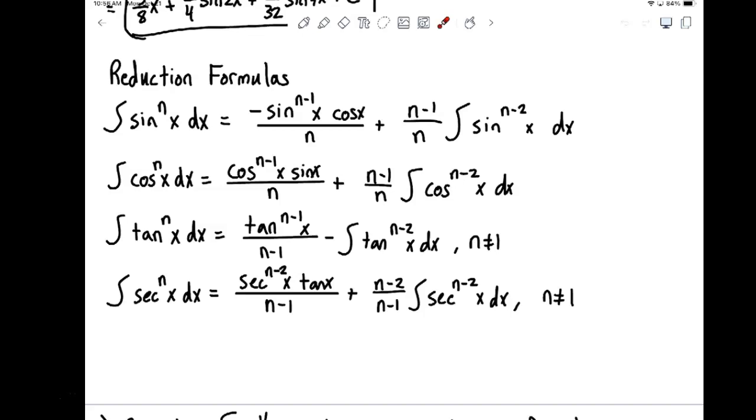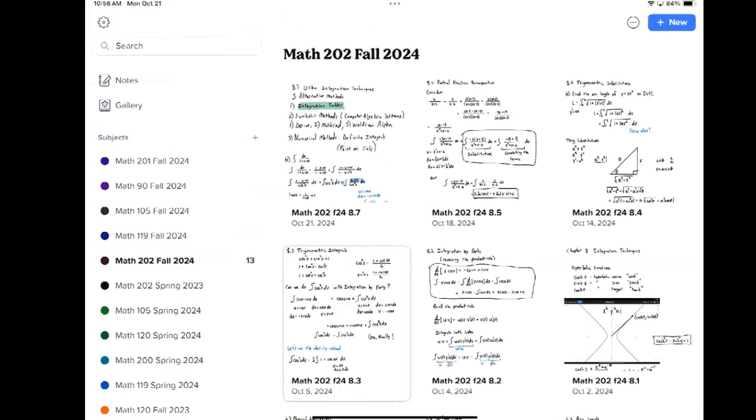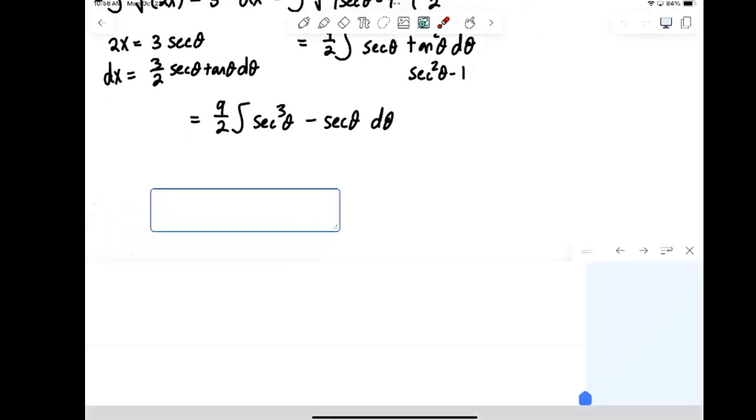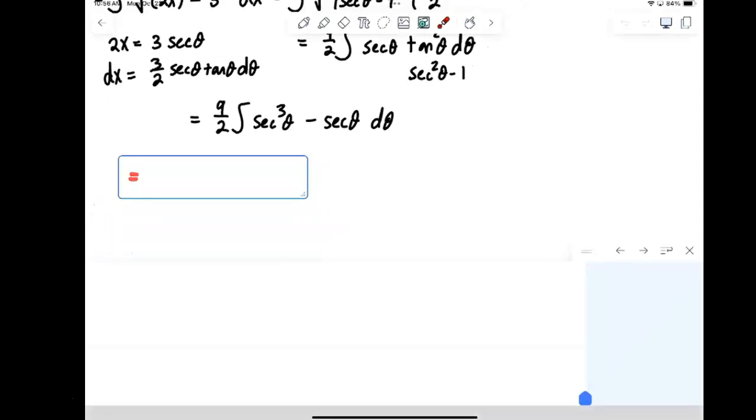So in our case, n is 3, so that would be secant to the first, along with tangent, all over 3 minus 1, which would be 2, and then 1/2 integral of secant to the first.